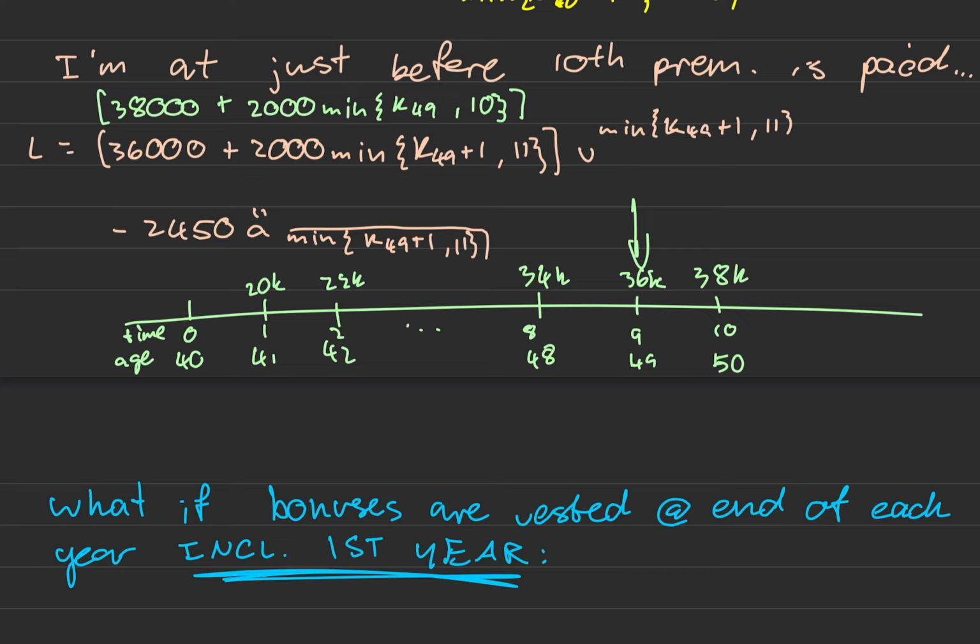Now, if they do survive this first year, then it would have increased to 22,000. And the next increase that could happen is at the end of the second year. But if they die, they won't receive that increase, they'll still receive 22,000. So everything seems to remain the same, but the difference is on survival to the end of the term.